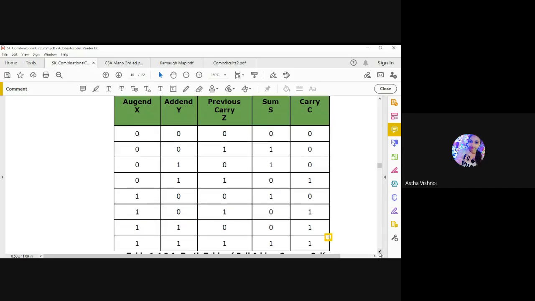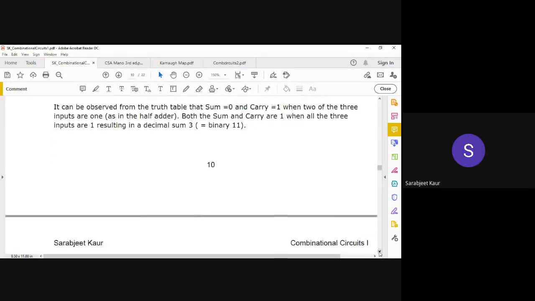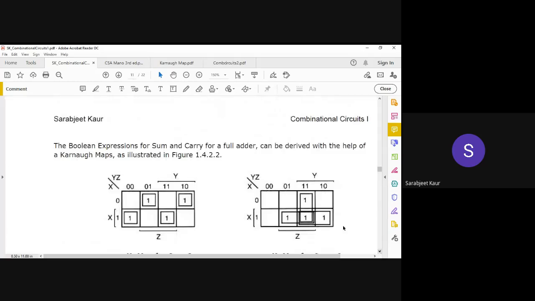Yes, ma'am. So let me just plot this in the K map. This is what I get. So this is 3, 5, 6, and 7, right? What groupings am I able to form? First is this doublet and the other one is this doublet.